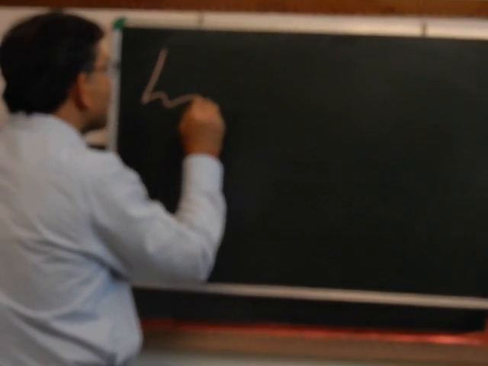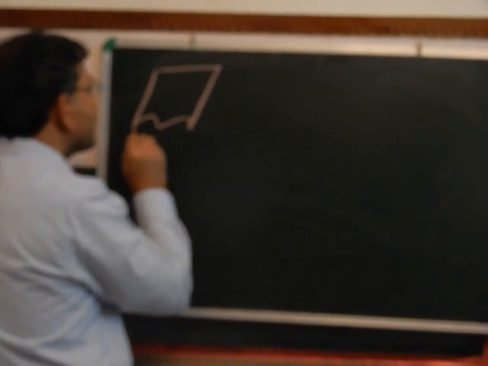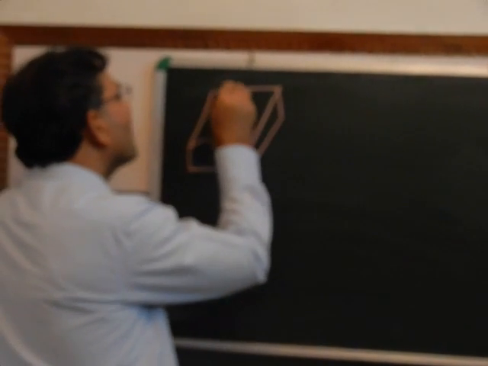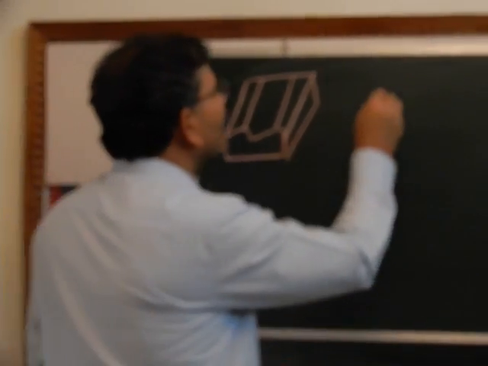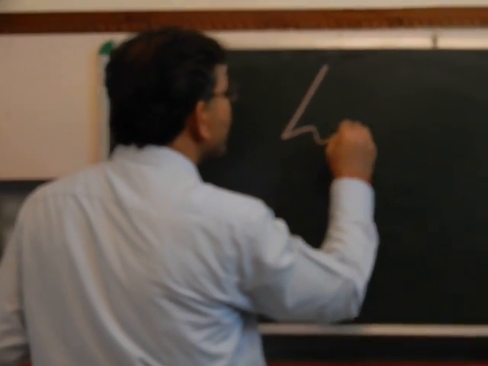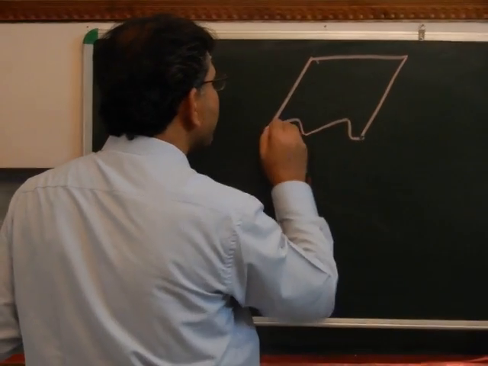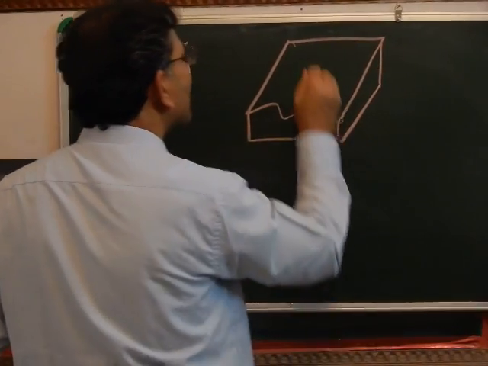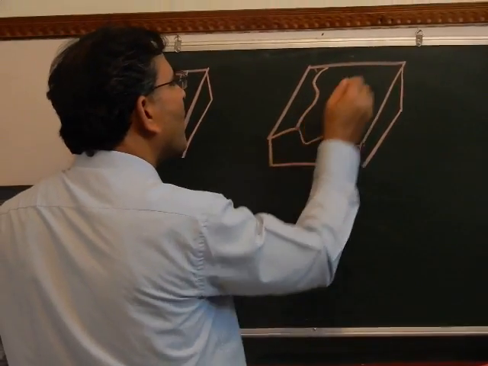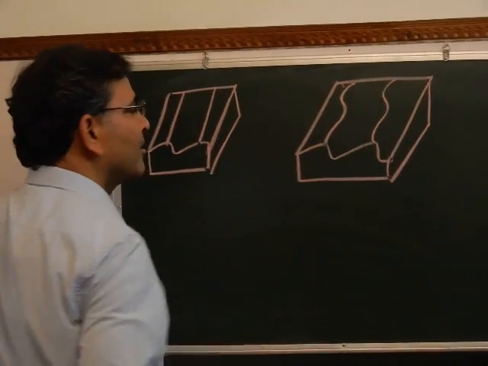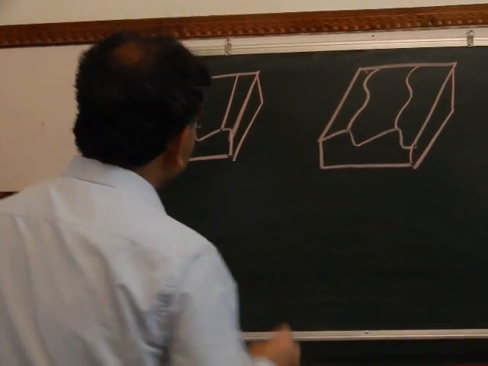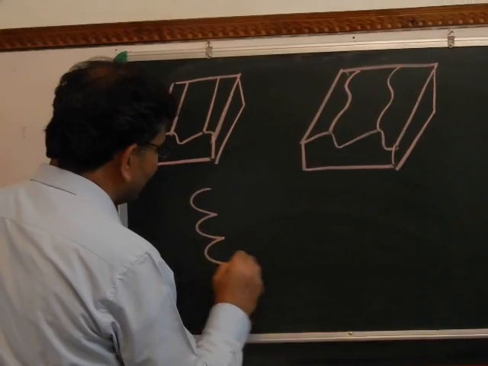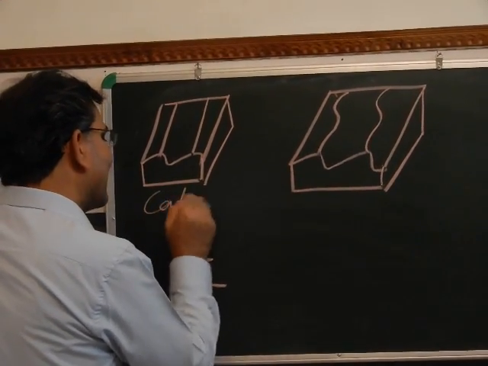So this is the straight crested ripple marks. This is sinuous ripple marks. If this is like this, then this is catenary.